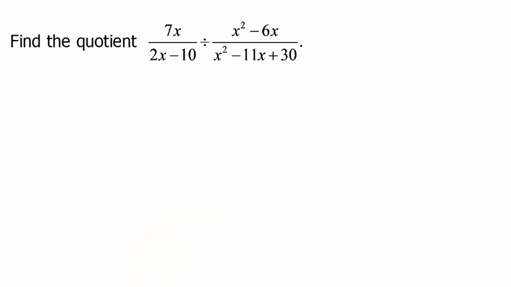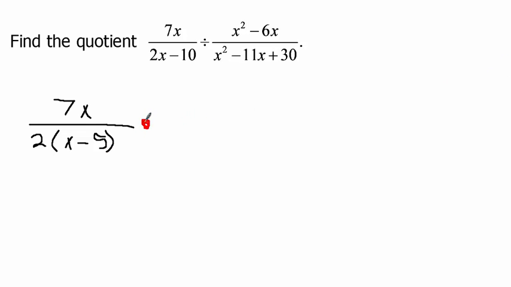So we have a quotient to find, and we do want to factor out any kind of greatest common factors. So on the first term here, I'm going to go ahead and write it out as 7x, and I'm going to go ahead and factor out a 2 here. So I'm going to have 2 and x minus 5. Okay, that's the copy part.